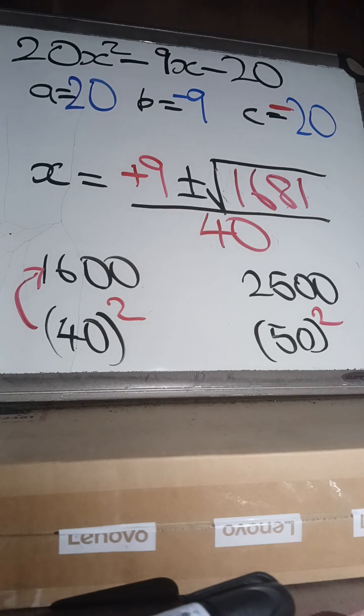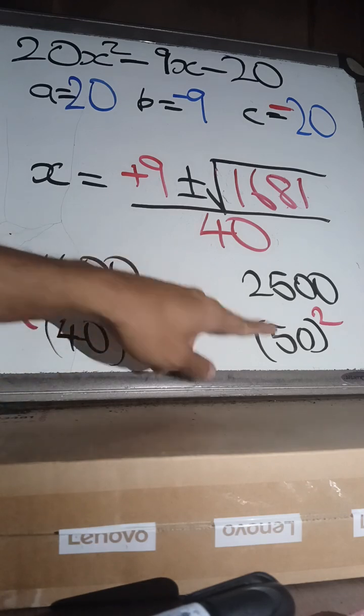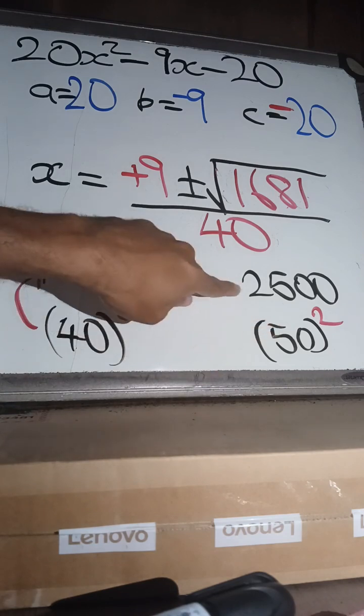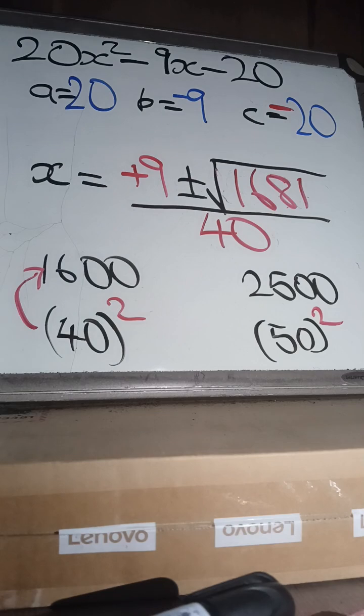So because it ends with a 1, the number must be either 41 times 41 or 49 times 49. But 49 times 49 would be a lot closer to this number, so it wouldn't make sense to use 49, because the number will be too big.